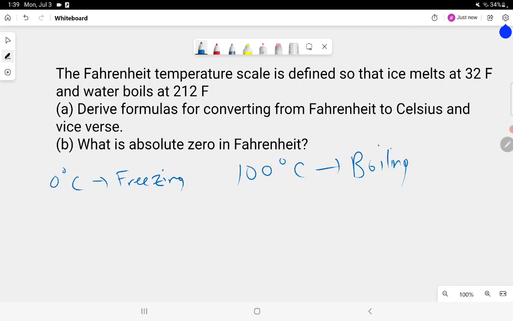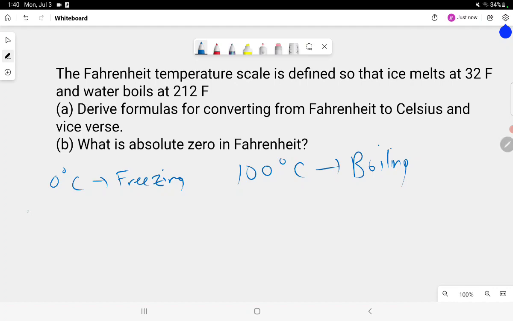And so now we know the temperature that ice melts at both in Fahrenheit and in Celsius, and similarly for the boiling point. And now we're going to end up with 2 points. So immediately we should jump to thinking about a linear relationship between the two, because that's the only thing we can do with 2 points is figure out a linear relationship.